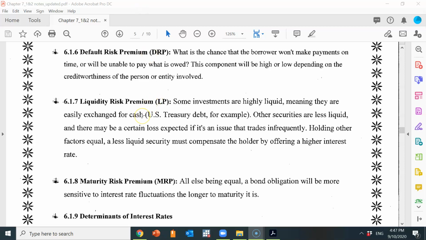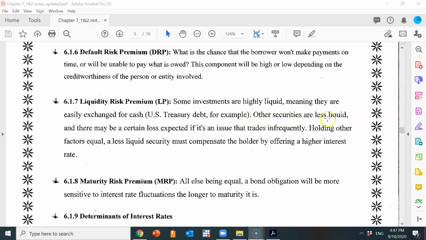The next premium is the liquidity risk premium. This is the risk of not being able to sell the bond in the market and get cash. Some investments are highly liquid, meaning they are easily exchanged for cash, such as U.S. Treasury debt, for example.